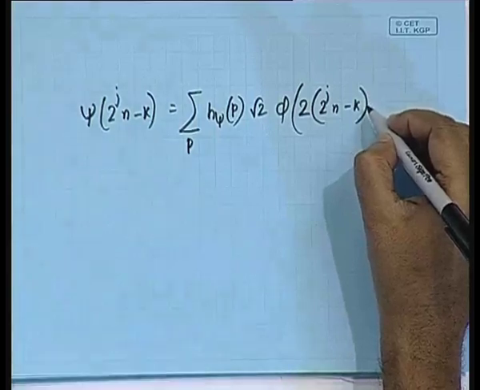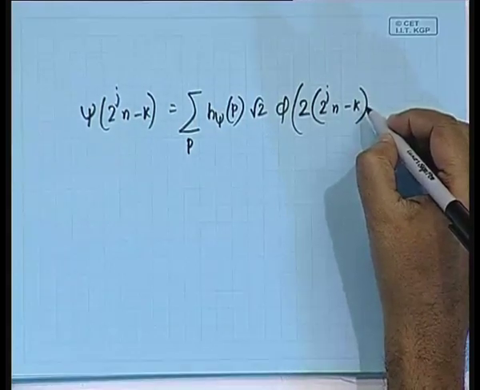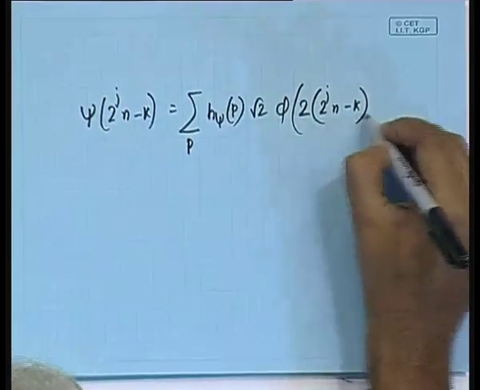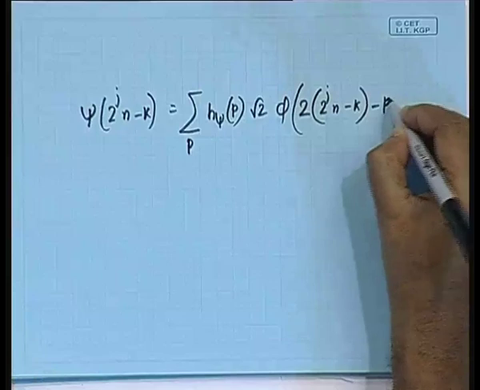This was in our expression 2n minus p, so n is replaced by this and p remains as before.